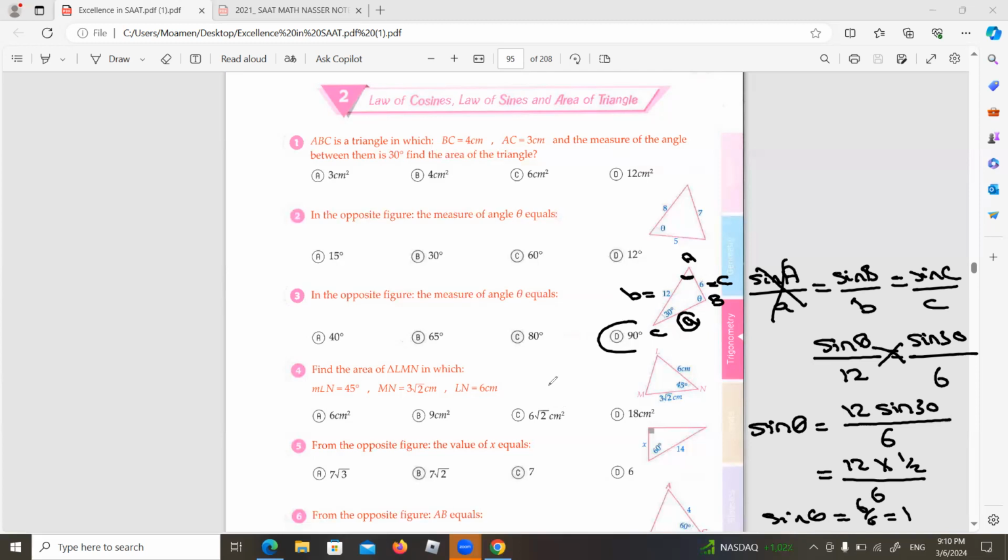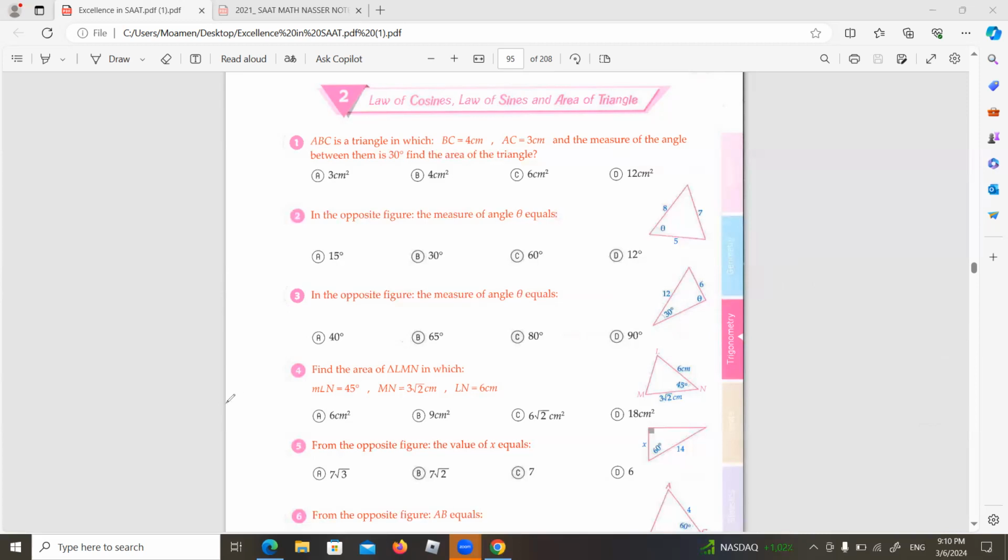Okay. But I have another answer. This answer, you will solve the problem in 1 second. Mister, you have about 3 or 4 steps? No, in 1 second. Pay attention. I just said I have a 30-60 triangle.